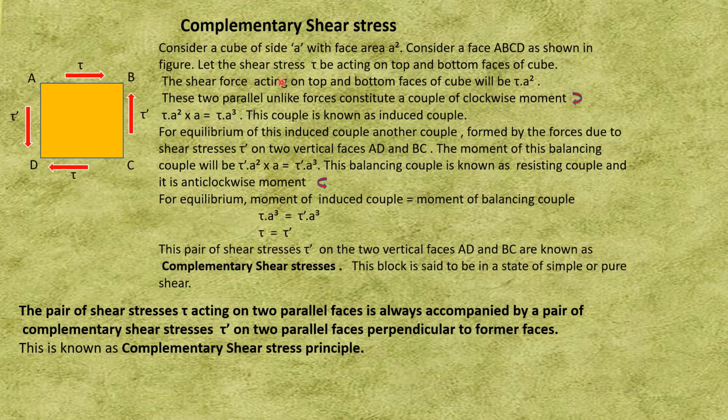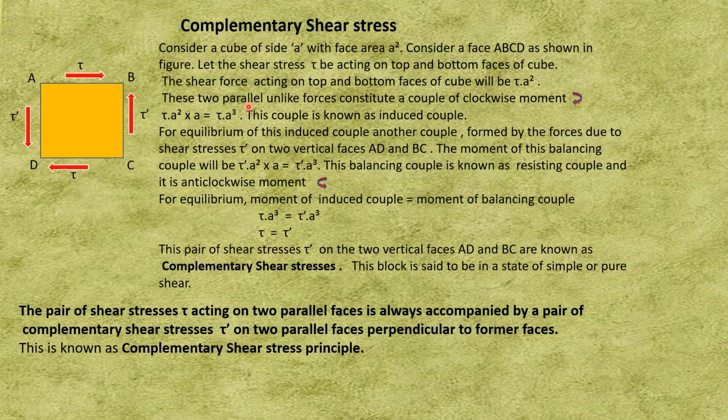Now the shear force acting on the top and bottom faces of the cube will be, tau is the shear stress, and if I multiply with the area, it is a cube, so the area is a square. So tau into a square gives the shear force acting on the faces AB and CD. Stress into area gives the force, so shear force will be tau a square.